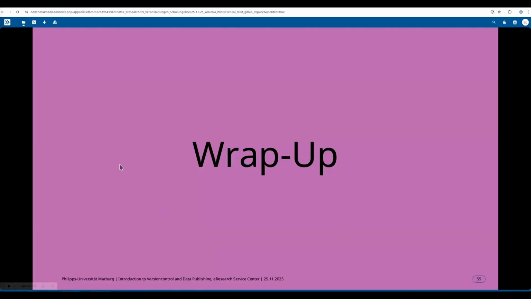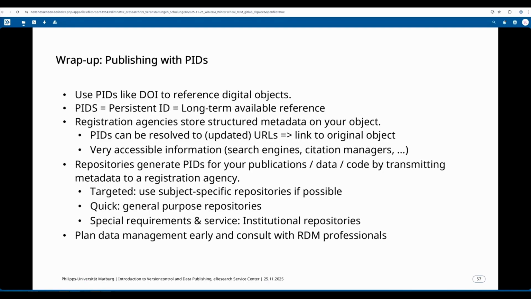With this, I would like to wrap up our session. The basic message is don't use just links and go for these DOIs because they separate the link from the long-term accessible identifier. For the choice of repositories, you should use the targeted approach if you can.